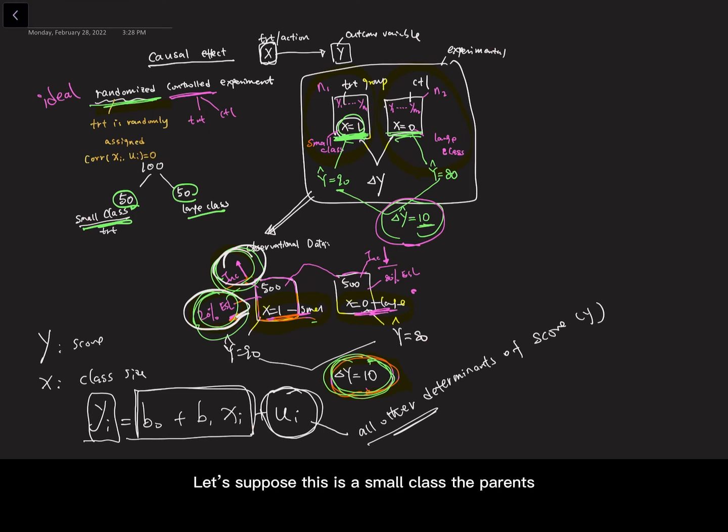Let's suppose this is a small class. The parents' educational background, the parents are very strict. Parental involvement is a lot more than the parental involvement in this group. So now the reason you get a 10 point difference is not because of class size, it's because of how strict the parents are. So now the error stands for all other determinants of Y, because this Y is a function of this plus error.